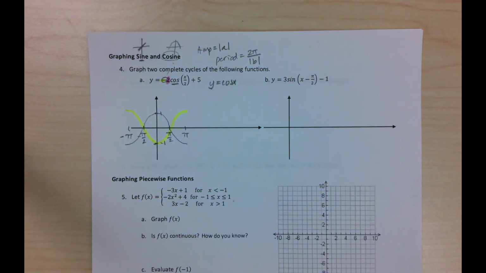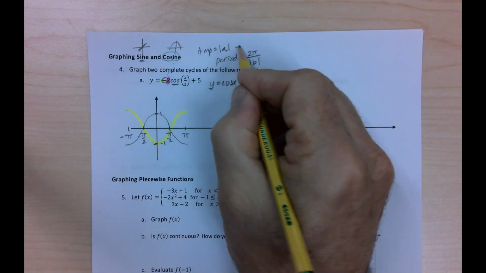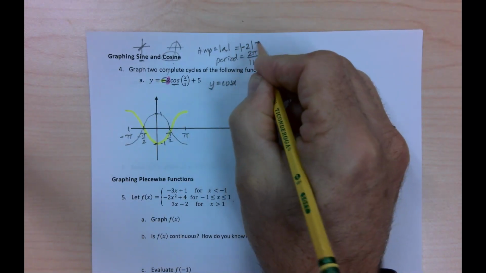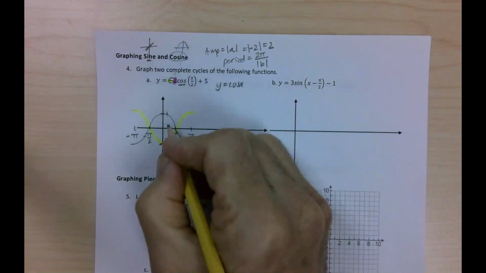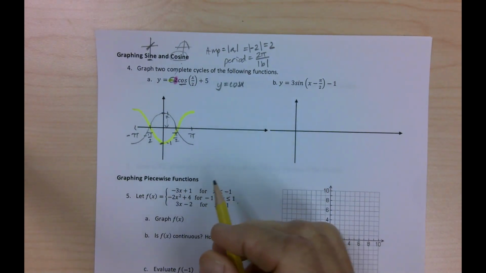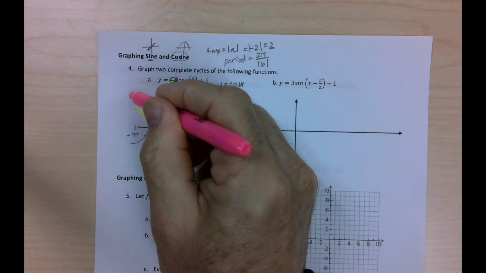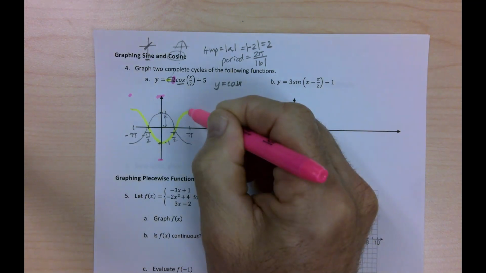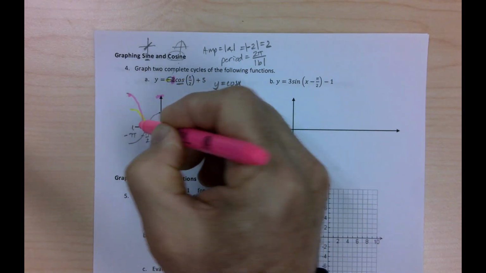Now notice the formula says amplitude is the absolute value of A. It's actually negative 2, which would make it a 2, but that's kind of overkill, because if the original amplitude is 1, which it was, it's just doubled. So now this guy is going to go up to 2, and that's going to go down to negative 2. These zeros stay, because 2 times 0 is 0.